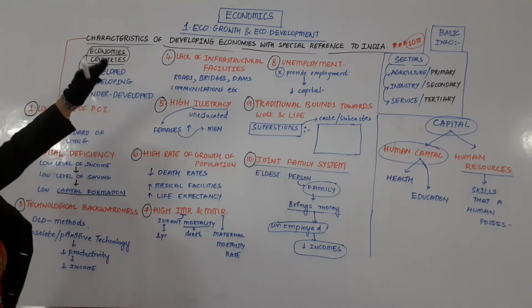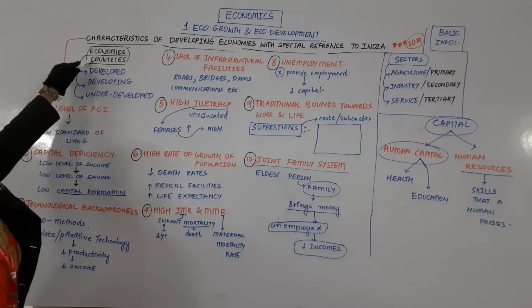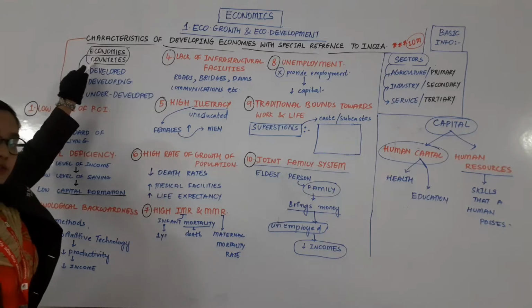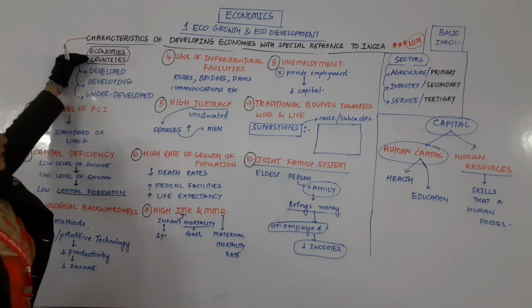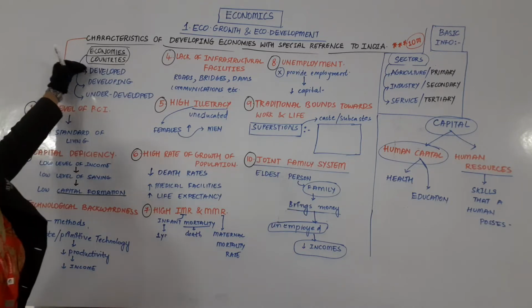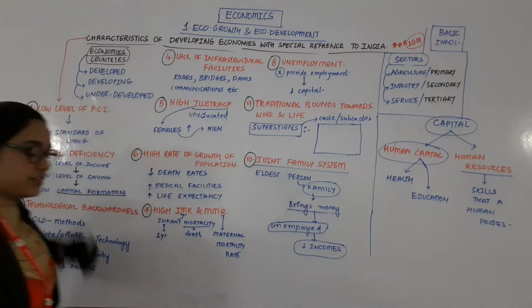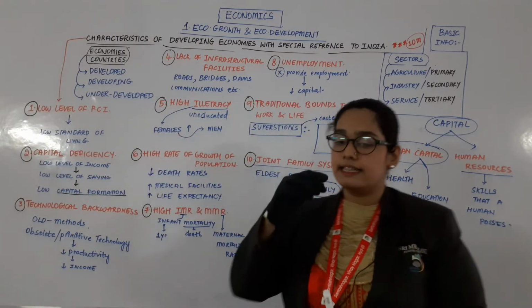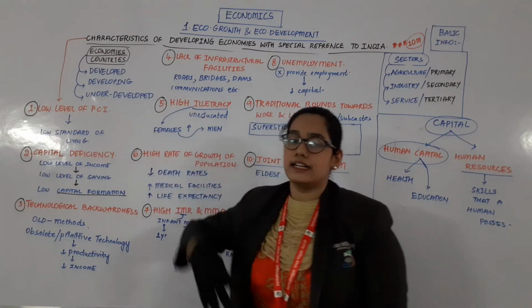Before starting the topic, let us know that there are three types of countries. Countries are also called economies. There are three types of countries: developed, developing and underdeveloped.